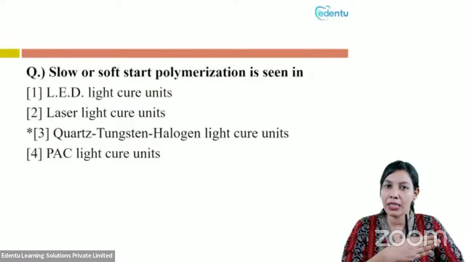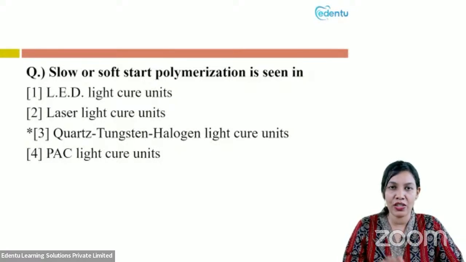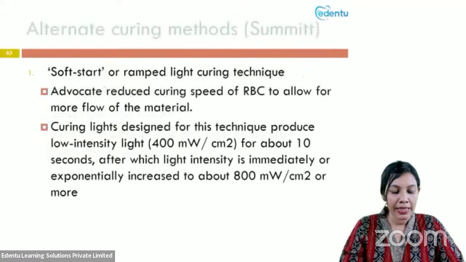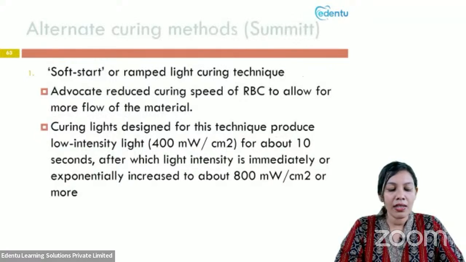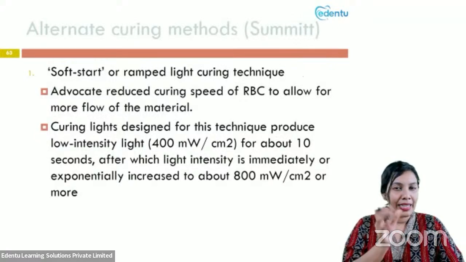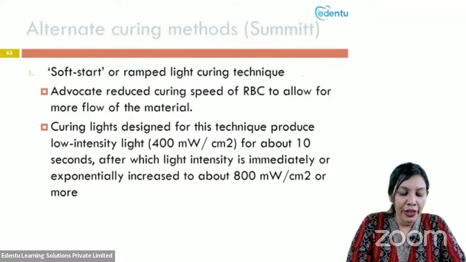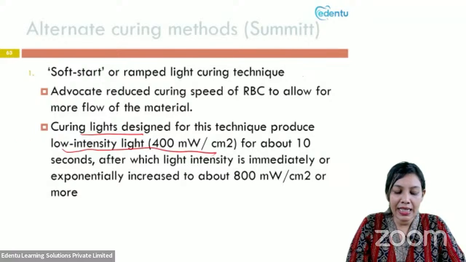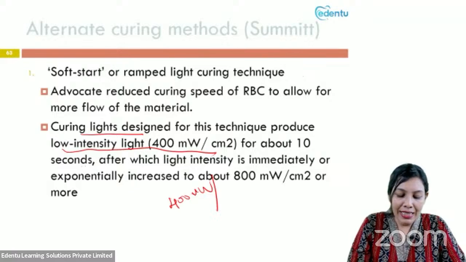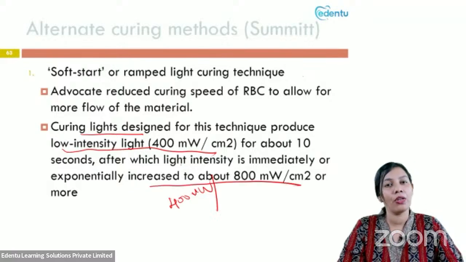Since I have not explained it there, I brought this question to make you aware. So what is soft start or ramped curing? There is a change in the intensity of the light used. Curing light is used initially with low intensity of 400 milliwatt, and after that it is increased to 800 milliwatt. Hope you understood.